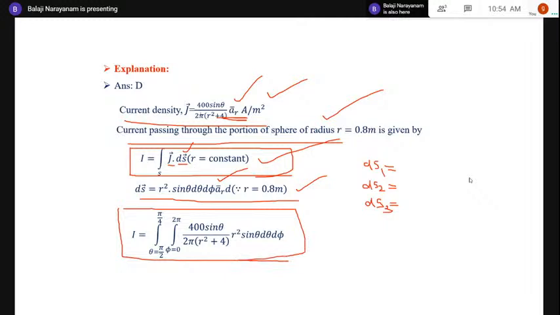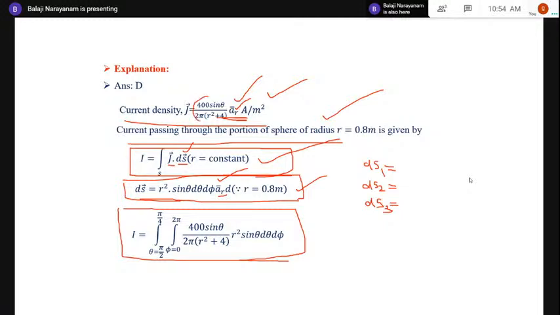So J bar is taken along the radial direction, that is dot producted with the ds bar, again in the AR bar direction. AR bar dot producted with AR bar is resulting in a unity value.